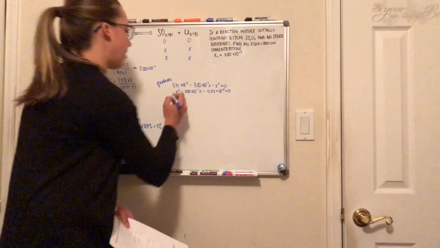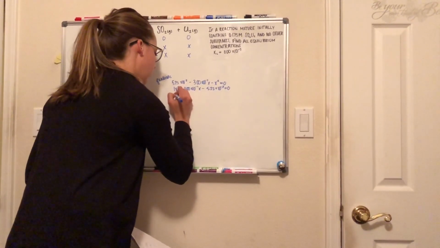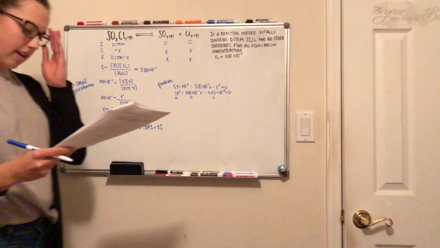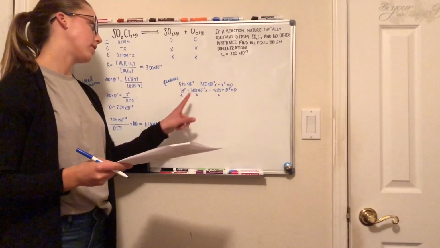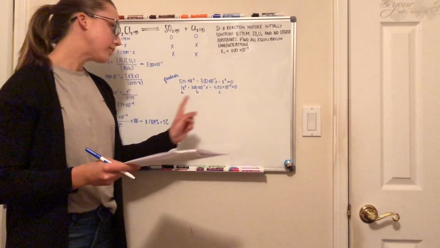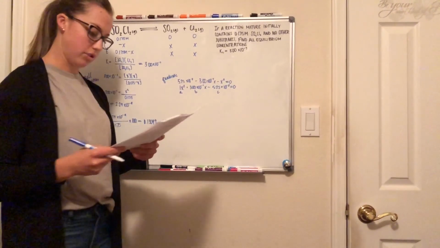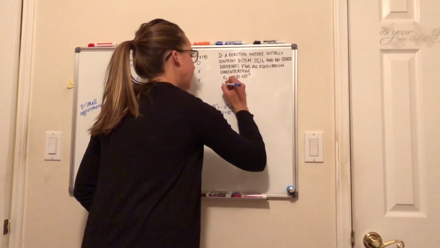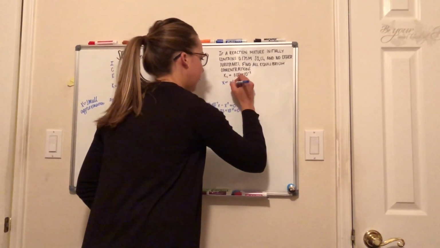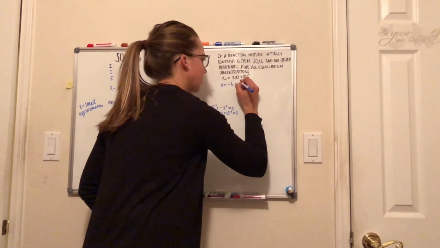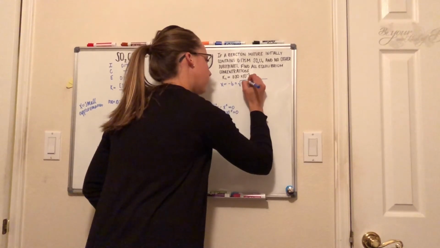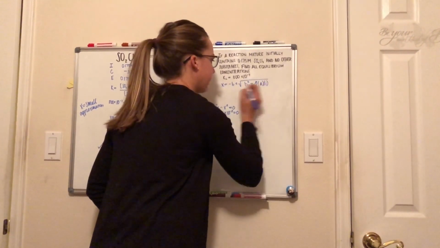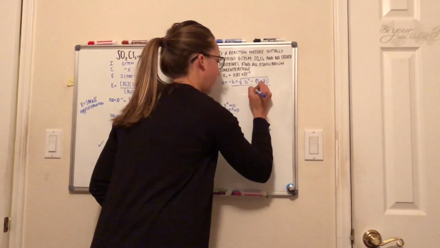Okay, so now we have an A, B, and a C. And we know that if we have this form where we have x squared, x and nothing, we can plug all of this into the quadratic equation, which is, I'll write it right here, x equals opposite b plus or minus the square root of b squared minus 4ac all over 2a.